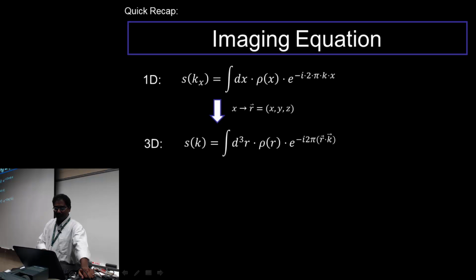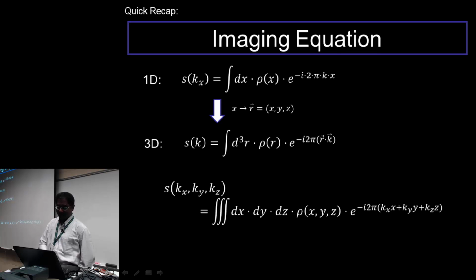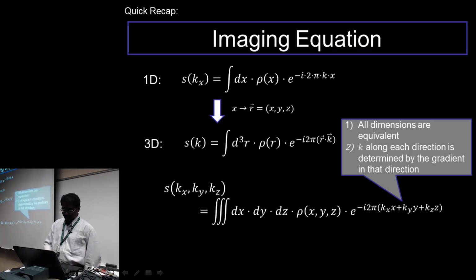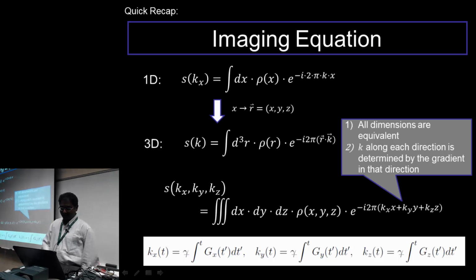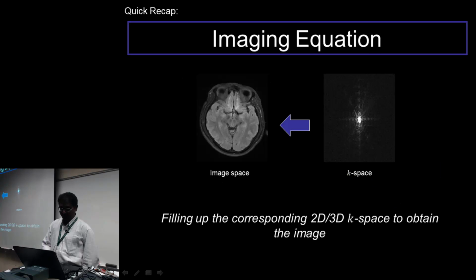Realizing that you could replace k and x with their vector counterparts, you can write this in 3 dimensions, and in a Cartesian sense as kx x, ky y, and kz z. Here k is defined as the time integral of the gradient, essentially the area under the gradient waveform.